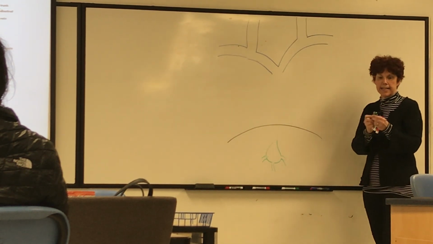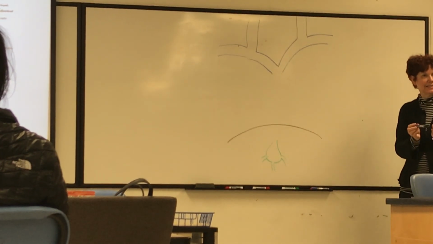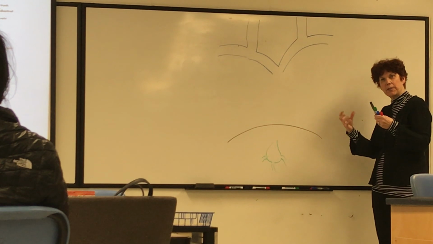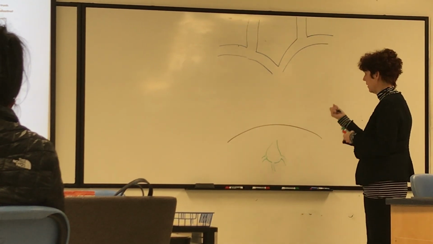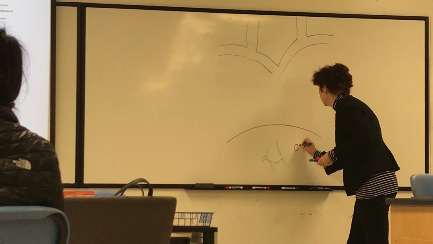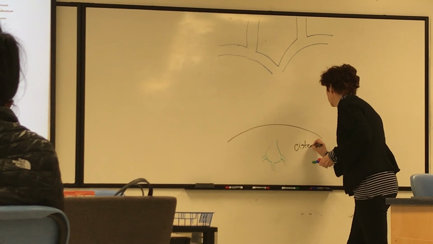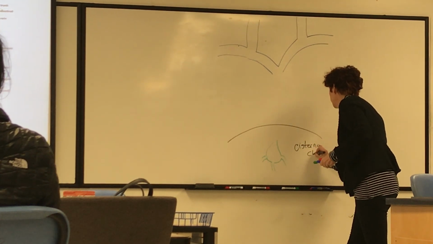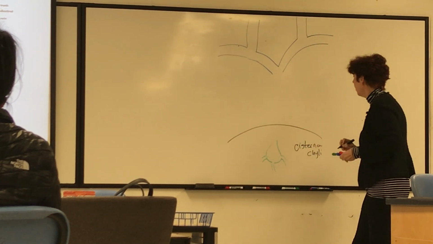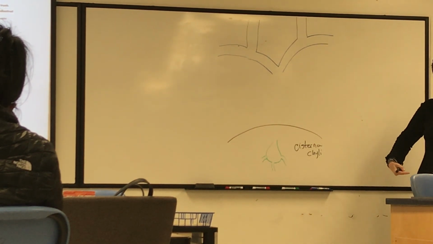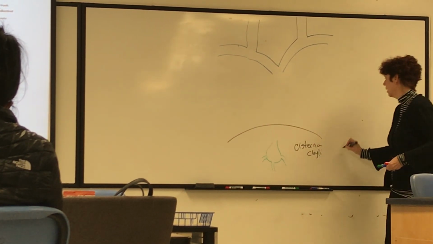And this is known as the cisterna chyli. Chyli means bladder, so chyli, we use that term when we talk about the gallbladder. So this is a receiving chamber for all the lymphatic fluid from the lower limbs.